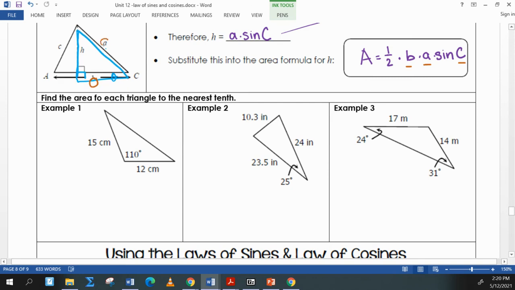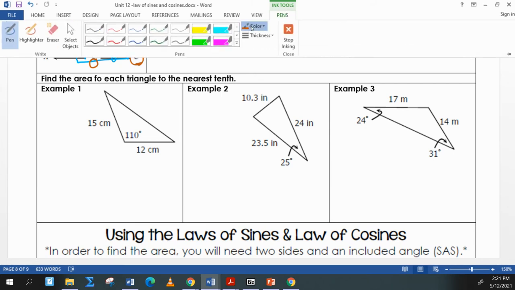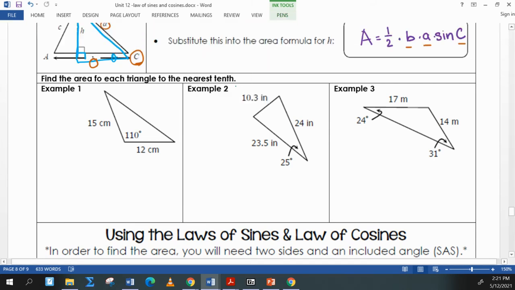Here's b, here's a. The angle is always going to be the angle that's in between them. That angle C right there was touching both a and b. So two sides and the angle in between them is how I remember it. We're going to label this first triangle, but then I'm not going to label them after that when we're finding area.